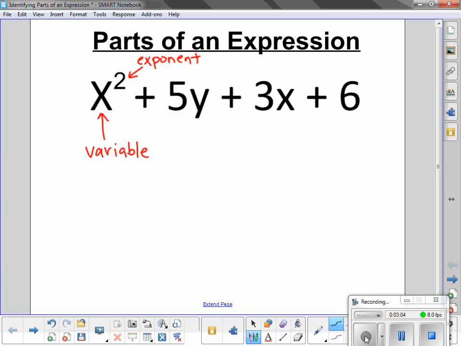The coefficient is a number that is usually directly in front of the variable, and it describes how many of that variable term that we have. So in this case, I have x squared. Well, how many x squareds do I have? I have 1x squared. Therefore, 1 is my coefficient. So 1 is the coefficient. All three of those parts make up the variable term.